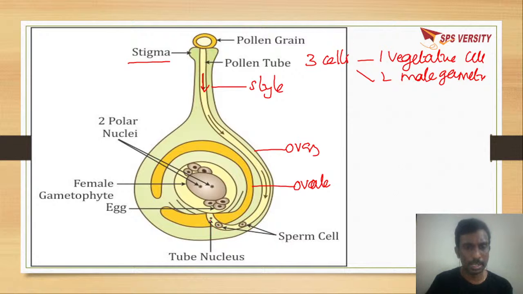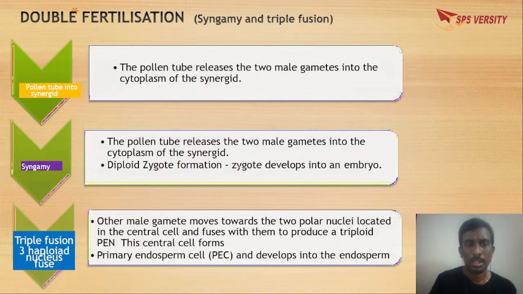So gradually the tube nucleus becomes very small. Okay. So here the pollen tube will enter into one of the synergids, as synergids have the filiform apparatus.